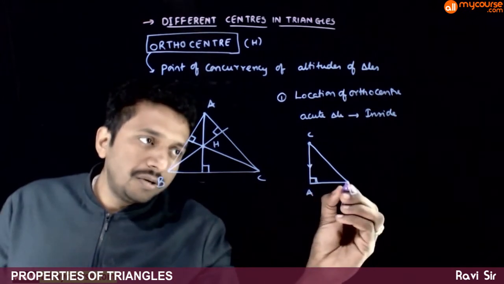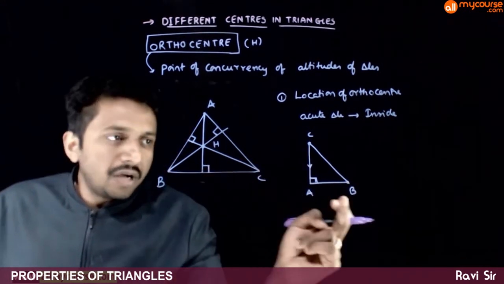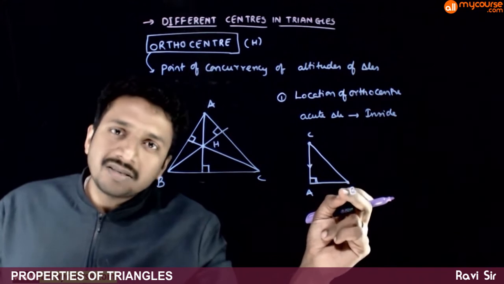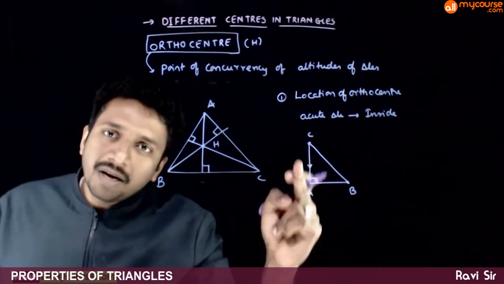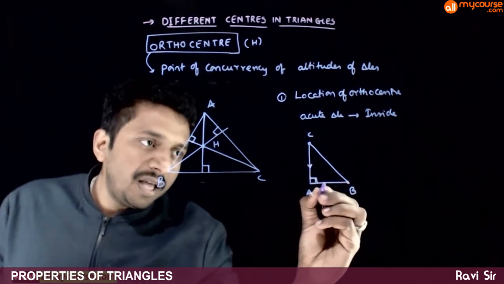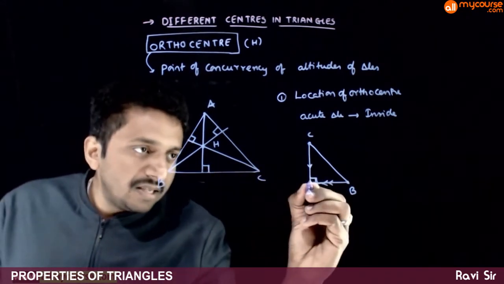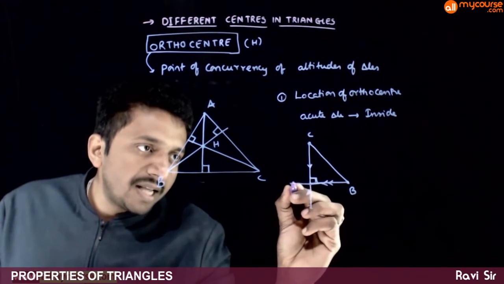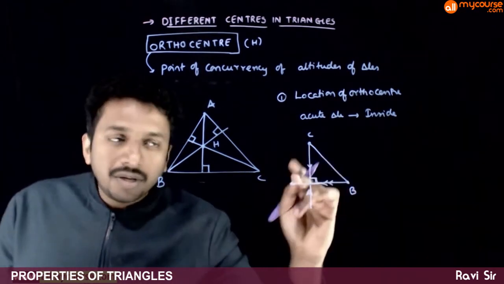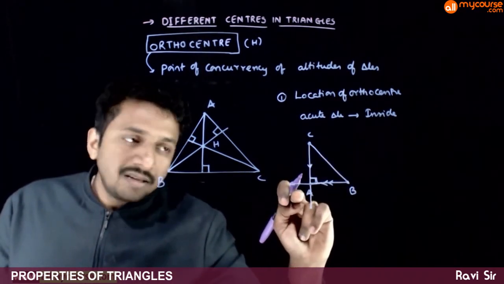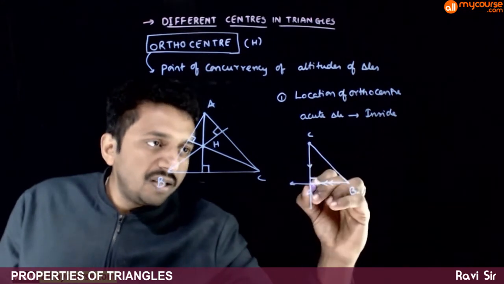What is the altitude from B? The altitude from B is a line passing through B and perpendicular to AC, which is BA itself. So this is the next altitude, and the third altitude is the line through A perpendicular to BC.